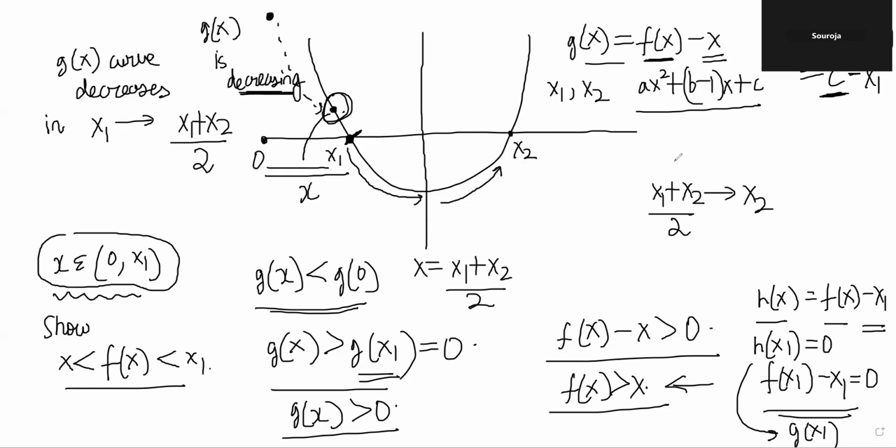So if x1 and x2 are roots of this, the product of the roots is c by a.